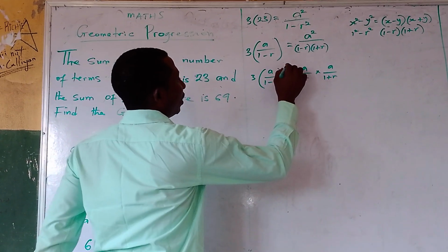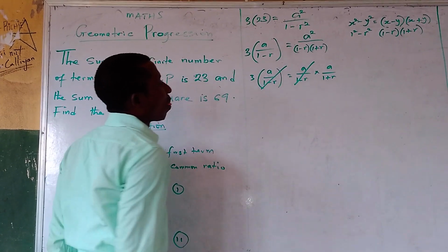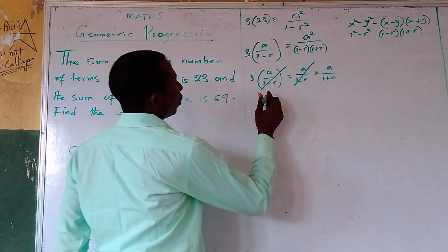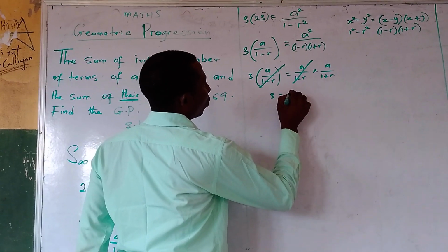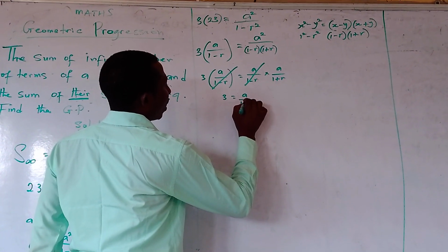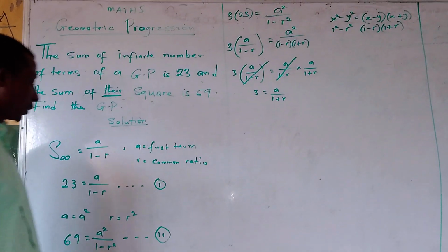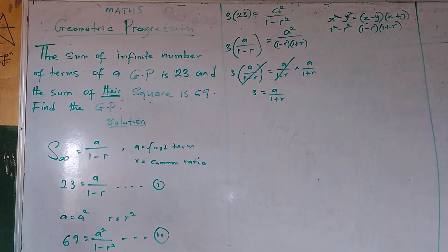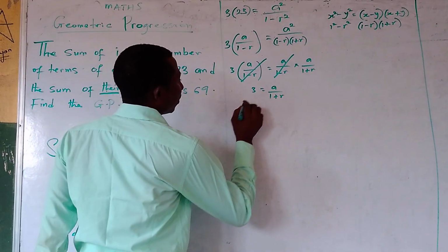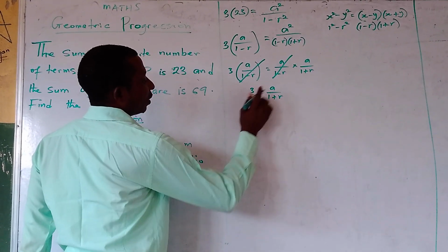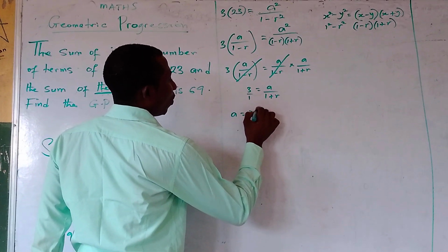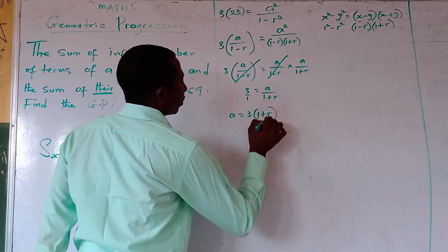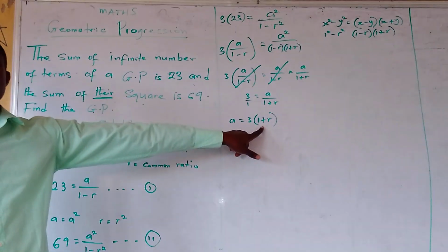Now you can see this will cancel this. And so what we are now going to have is 3 equals A over 1 plus R. So from here, you can cross multiply. This is 3 over 1. You have A equals 3 open bracket 1 plus R. So this is your A.